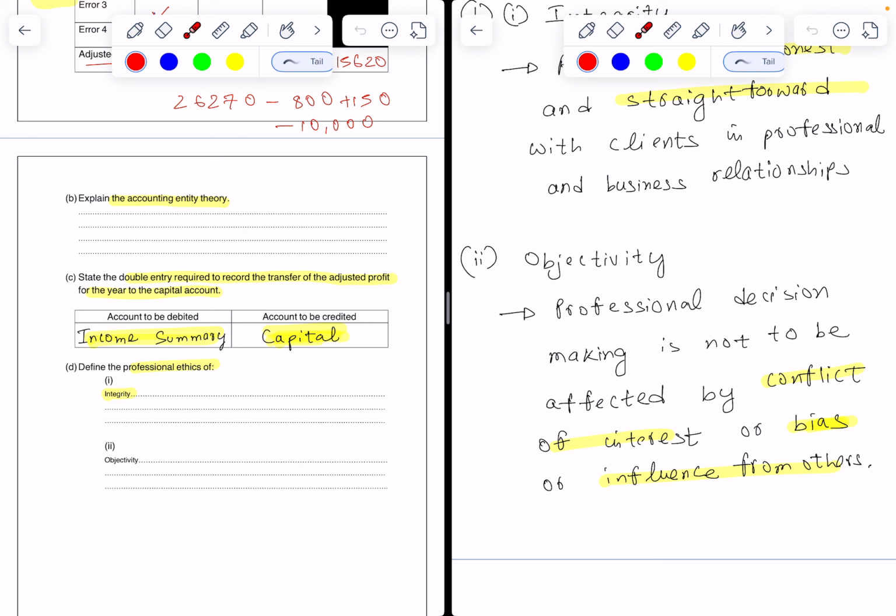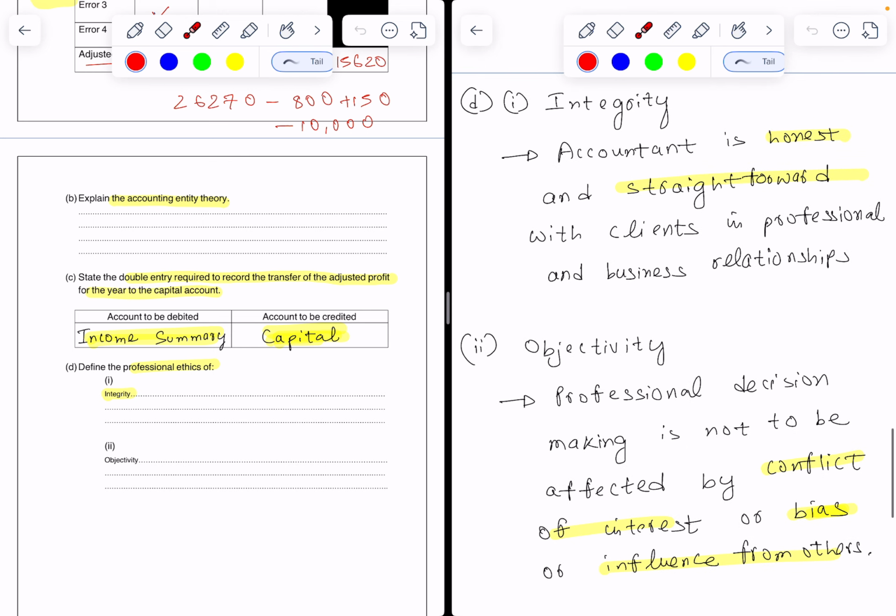If you do not do it like that, then some things are going to go wrong. But you cannot let your professional decision making be impacted, okay? So that's basically what the objectivity theory is. You'll study more of this when you're actually attempting your chartered accounting exams. But you get the idea now of what's going on, all right?